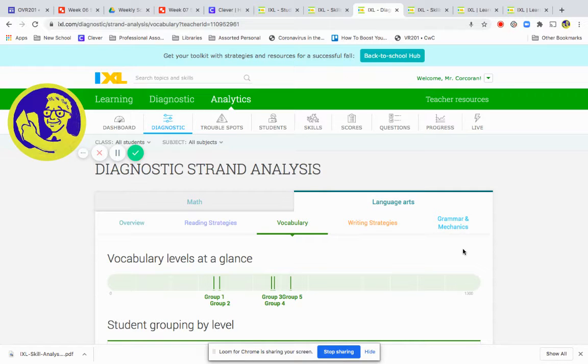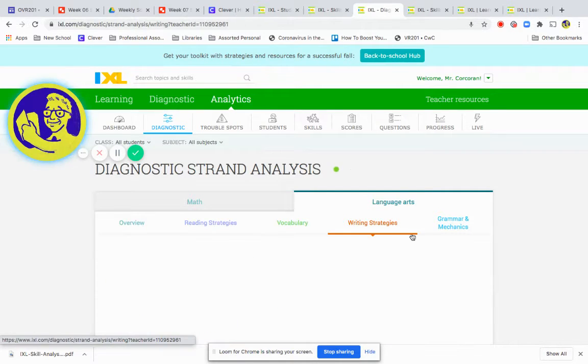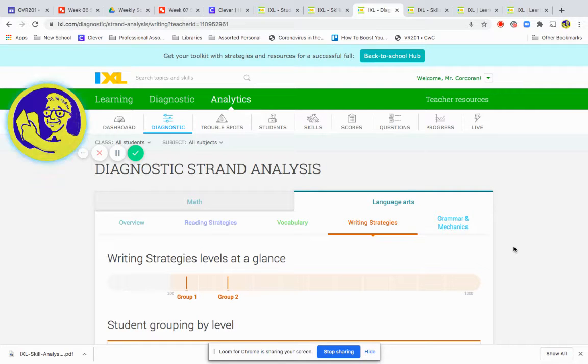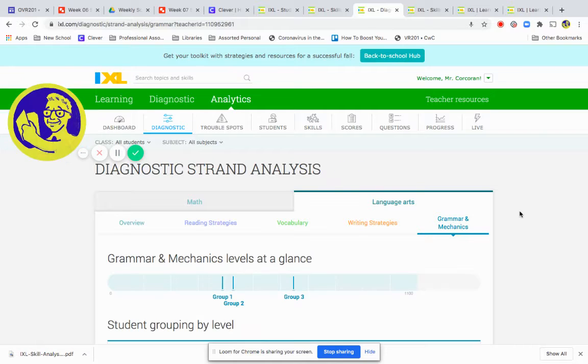So I can work with maybe groups 1 and 2 together, or groups 3 and 4. Again, these groupings are not going to be permanent. They just help me group students in similar ability needs while I get to know you and your academic needs better.